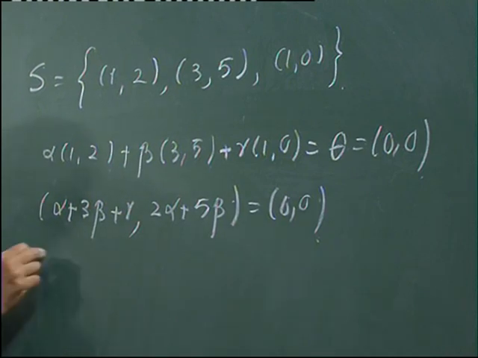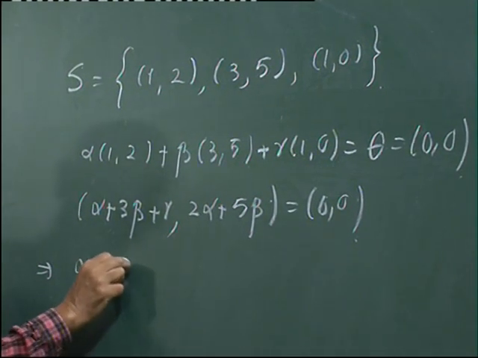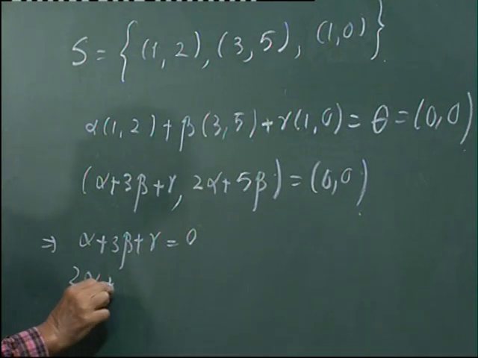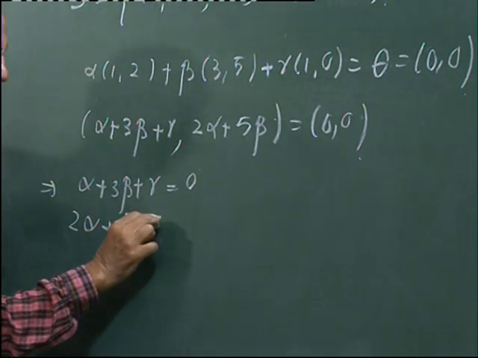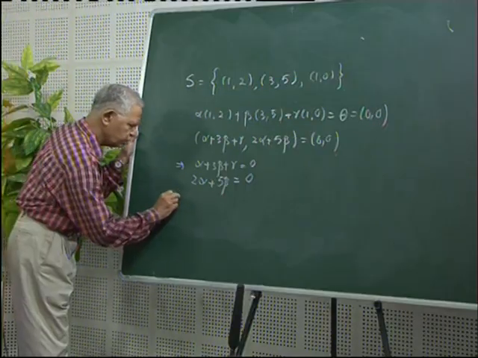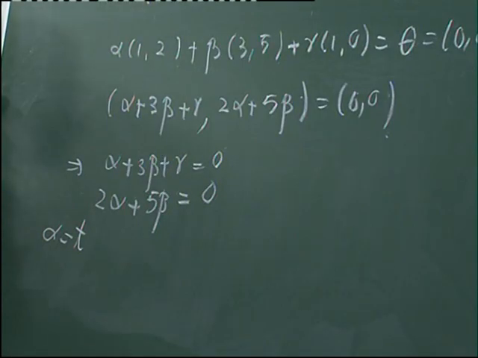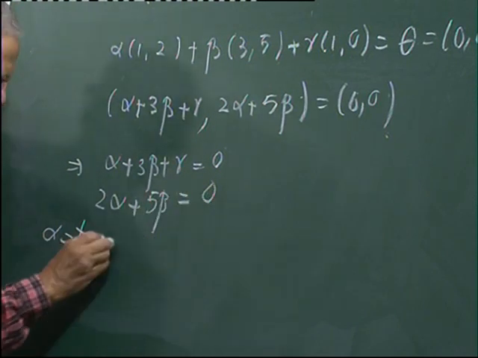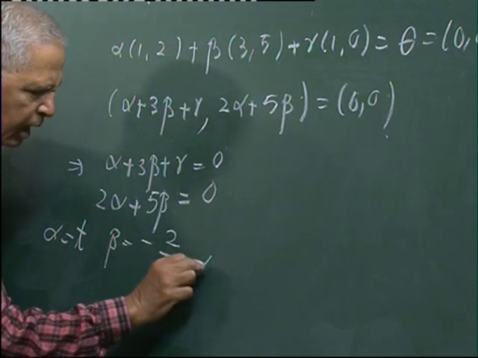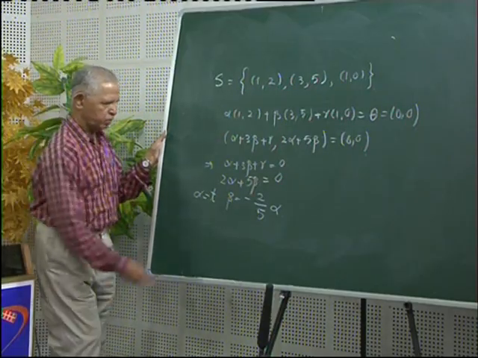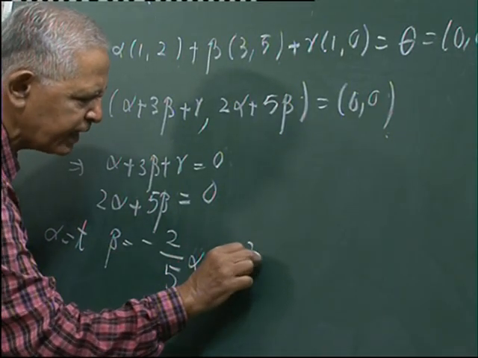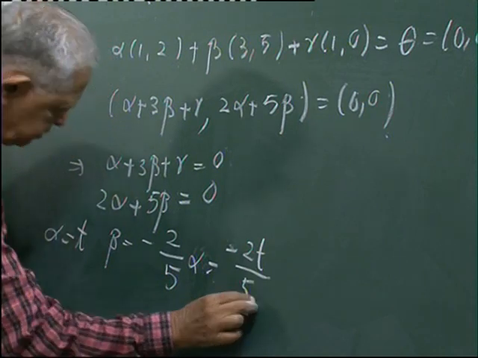This implies we have two equations: alpha plus 3 beta plus gamma is equal to 0, and 2 alpha plus 5 beta is equal to 0. Take alpha equal to t. Then from the second equation we get beta is equal to minus 2 upon 5 alpha, and that is equal to minus 2t upon 5.